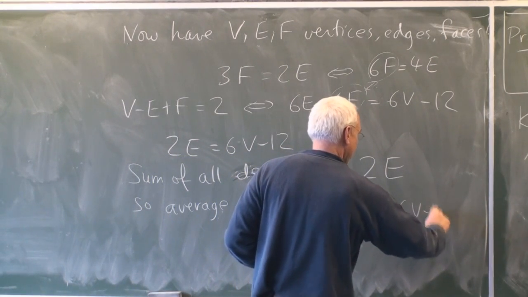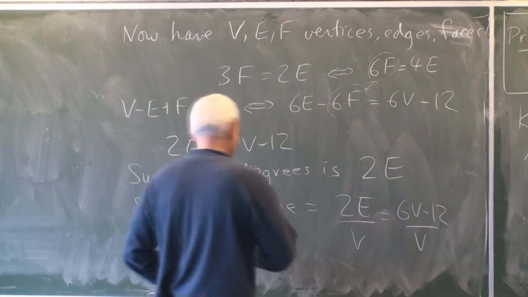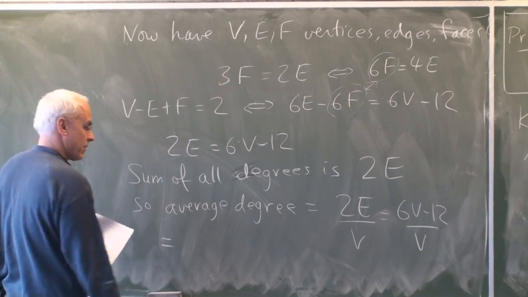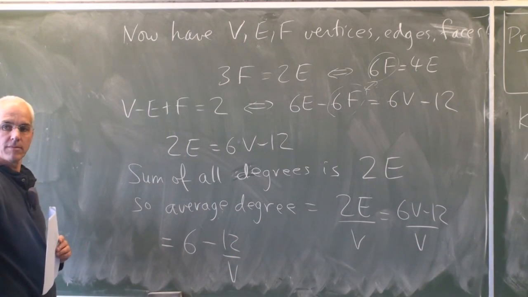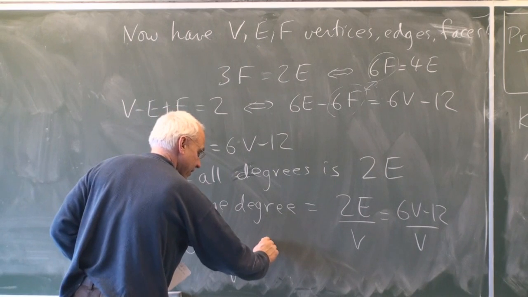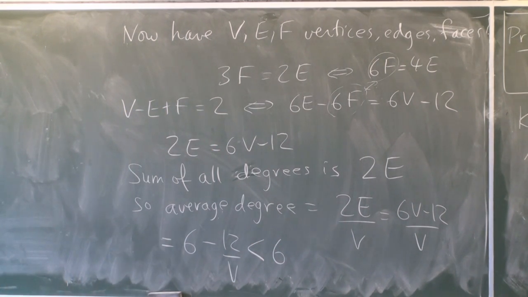According to this formula, that's 6V minus 12 over V, which is equal to 6 minus 12 over V. In particular, that's less than 6. So the average degree of this big extended graph that I've made is some number less than 6. But there must be then at least one vertex which has degree 5 or less.